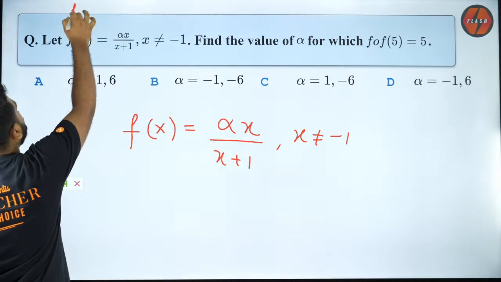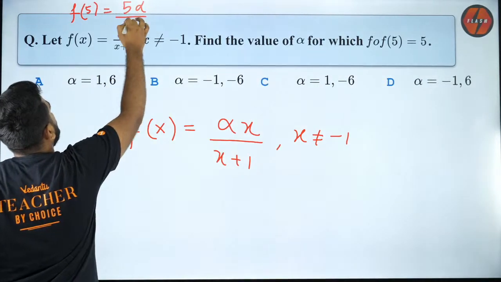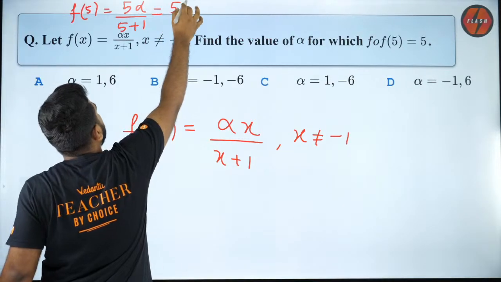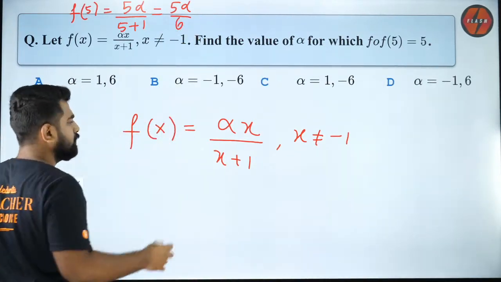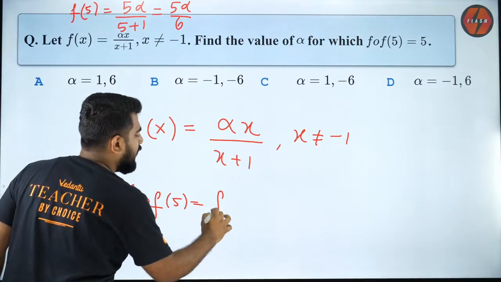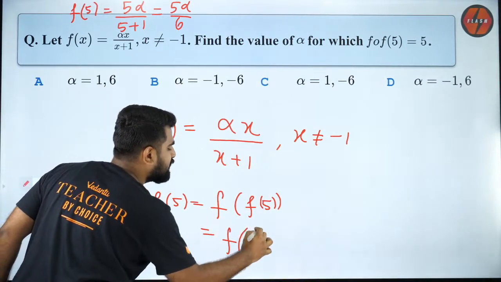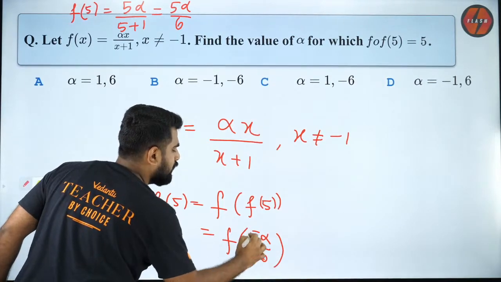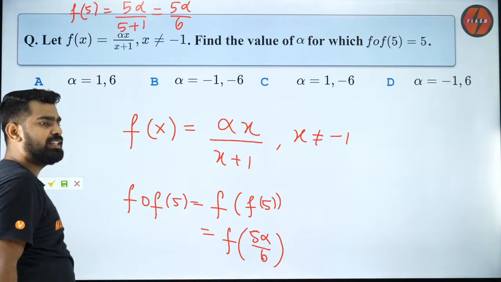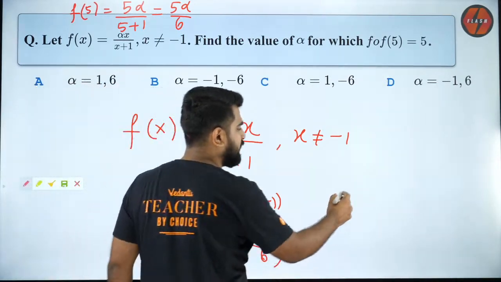Archana, f of phi is nothing but, do you agree, phi alpha by phi plus 1? So do you agree that will be phi alpha by 6? So f of phi is phi alpha by 6. Now again I'll put phi alpha by 6 inside the function and then I will solve it. So what is f of phi alpha by 6?